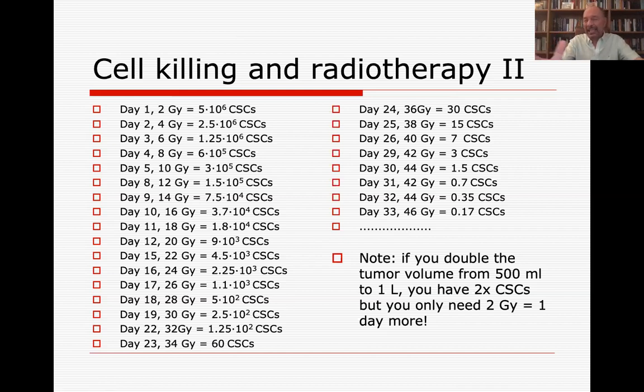This is why the same protocols apply to large tumors and small tumors, at least traditionally. We will see that many things changed recently, but until a few years ago, the schedule was almost the same, 2 gray per fraction, 60 gray in total, independently of the tumor and of its volume.